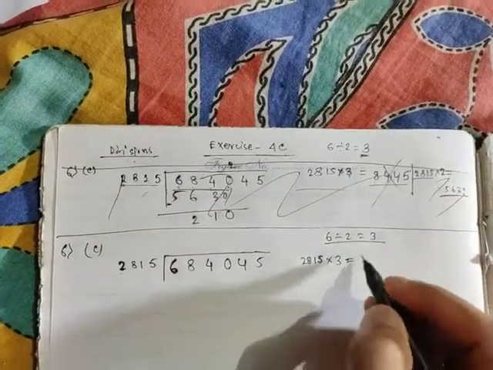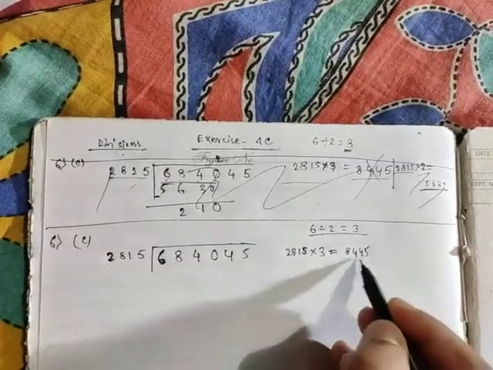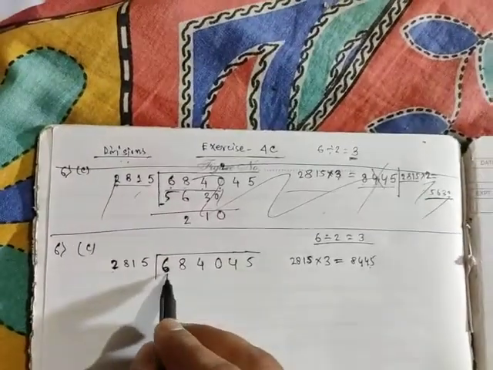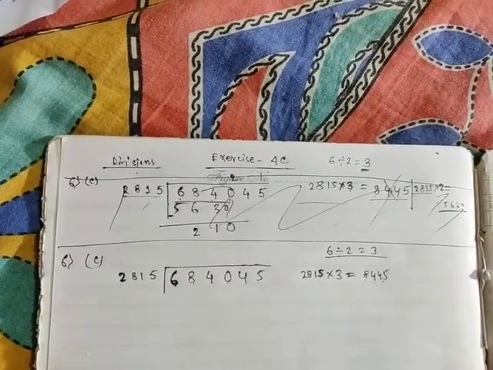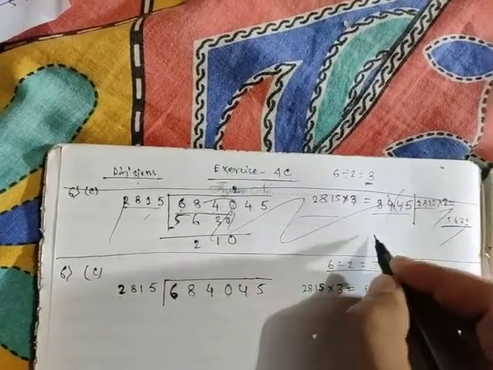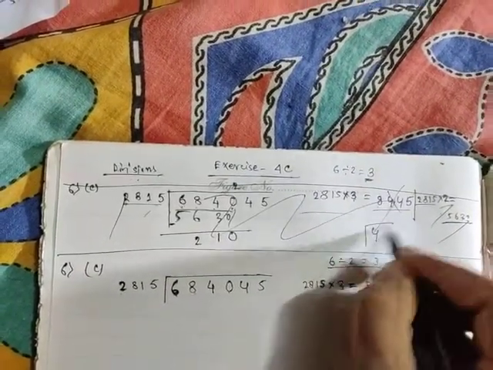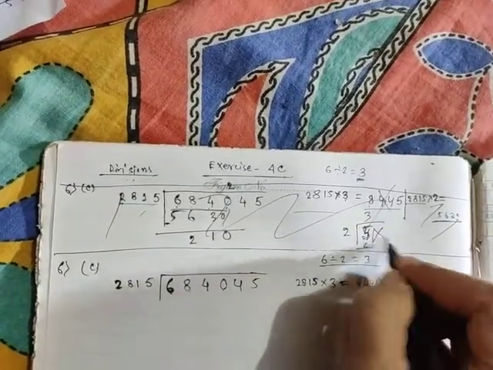Okay, so we get 8445. Now see this number 8445, it is greater than 6840, so it is not possible. Suppose I am dividing 4 with 2 or 5 with 2, is it possible? No, it is not possible.